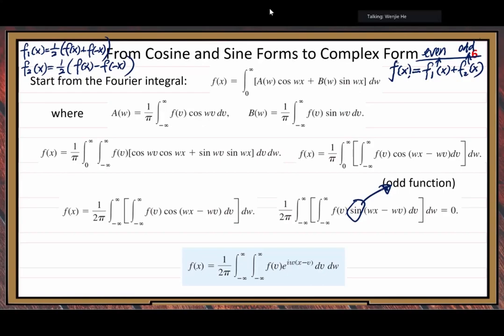But for some beginners, because with the e function you need to adapt your thinking to complex calculation, that's something beginners usually do not like. They do not like complex number calculation.